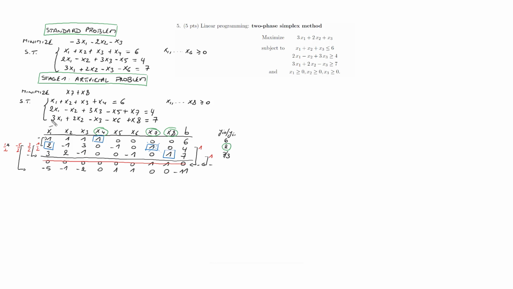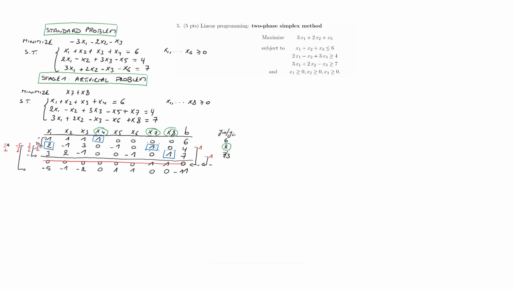So we knew that x1 is going to join the base, and we have to go and have a look. Here x7 is going to leave the base. So since we have now our new pivot, we have to perform row operations to create zeros above and below the pivot, right? So we have here these three elementary row operations, and also we'll work with a pivot of 1, so we'll have to multiply this second line here by a half.